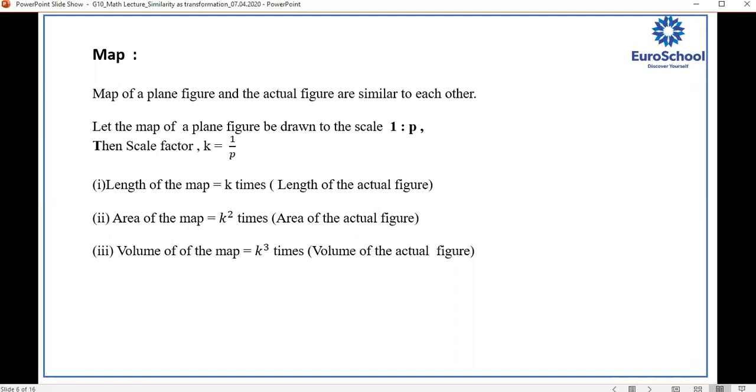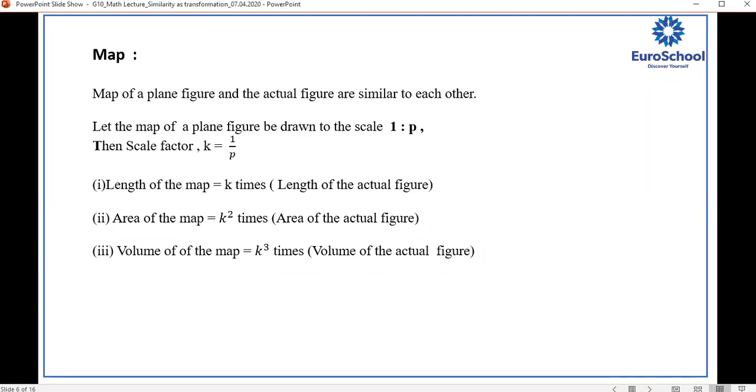Ma'am, in maps, in what way will we have volume? Maps are a 2D representation of the world, so how are we going to have the volume of the map? Map is a plane figure, right? Length we can calculate, area we can calculate. But when we are representing some city on a map, its volume is there, right?